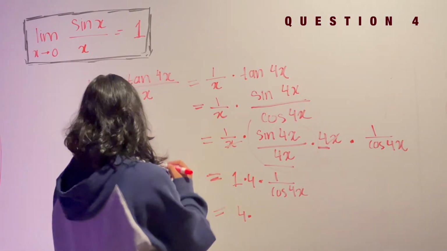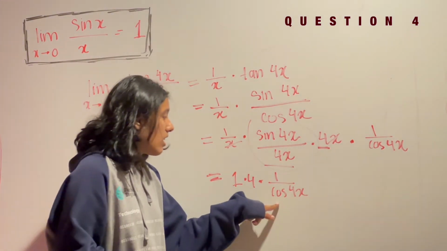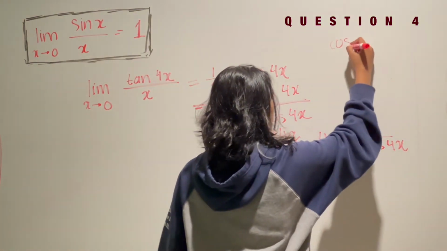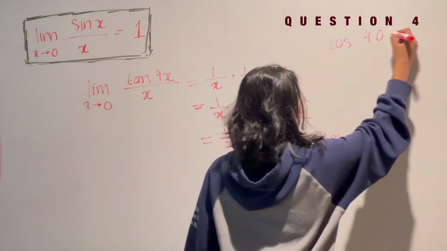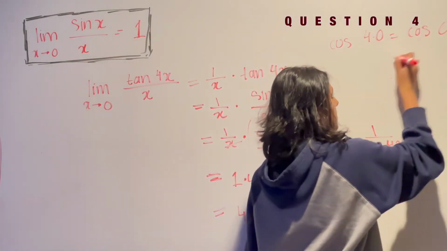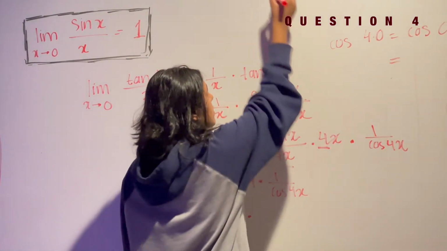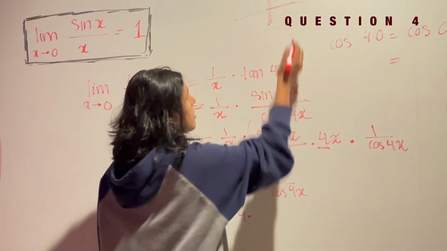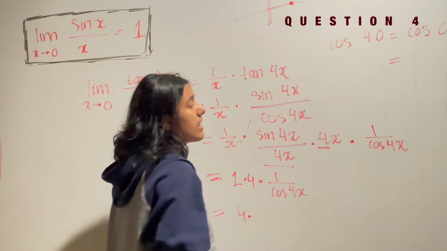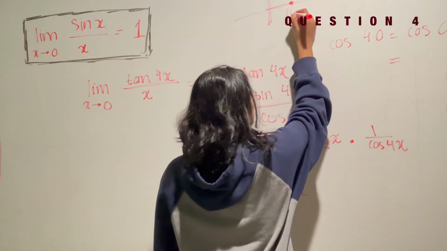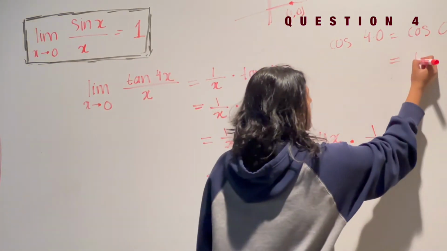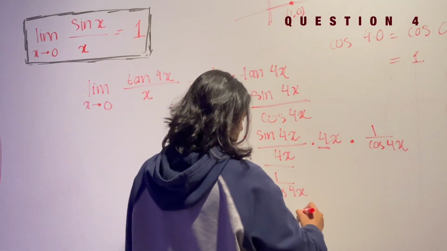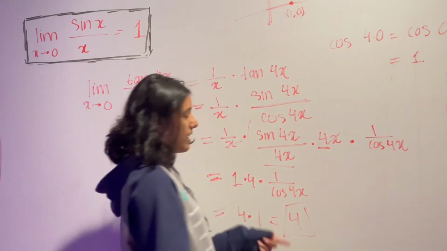If we replace the limit 0, we see cos 4 times 0, that's essentially cos of 0. And from the unit circle, over here, this is our angle. We know that cos is the x value, and that is 1. So that's essentially the point 1, 0. This is equal to 1. 4 times 1 is just 4. So that is our answer.